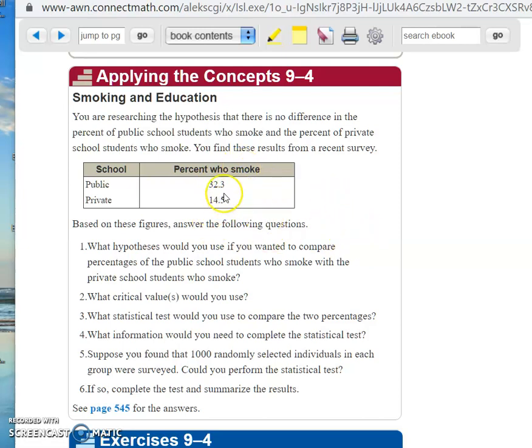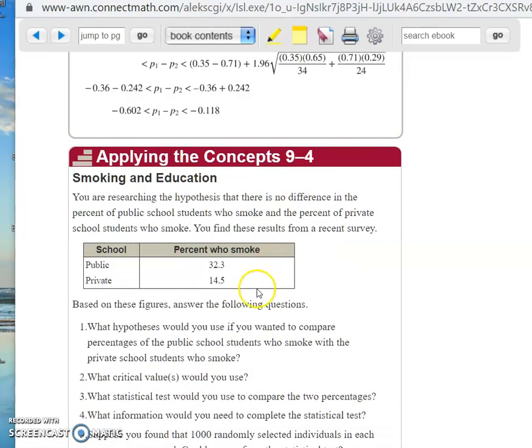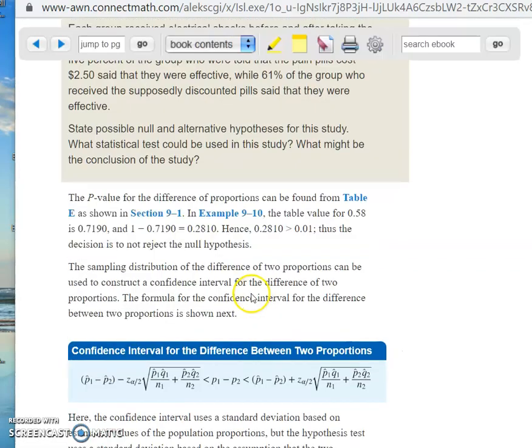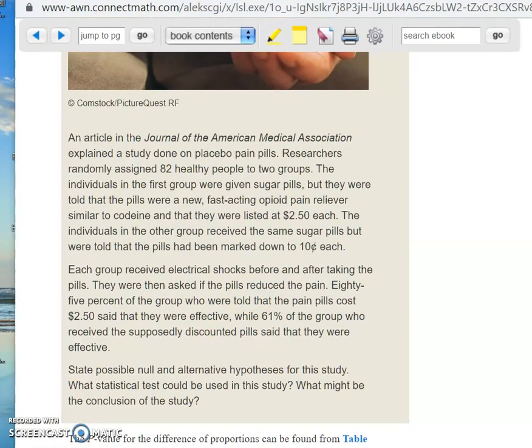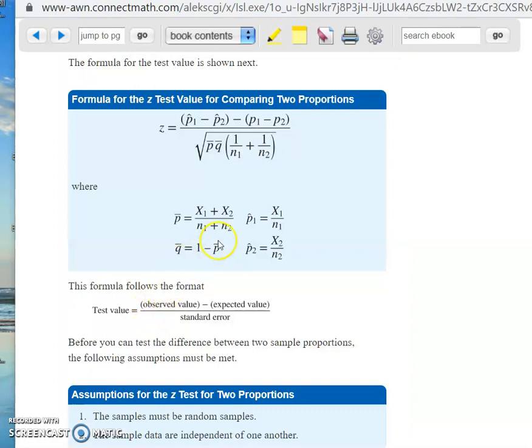Is that statistically significant or not? It sounds like it would be, right? I mean, 32% died versus 14% died. You'd probably want to take a bet on that, right? But you can't answer that question unless you have the additional information. You have to have the sample sizes and the actual number of successes. Okay, so I hope that helps you. Or you at least have to have the sample sizes, I guess I should say.